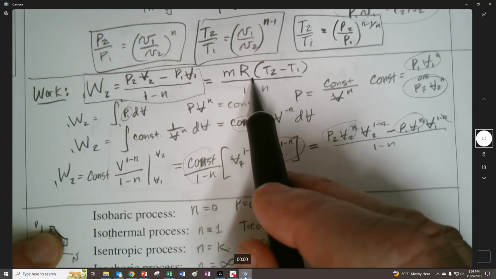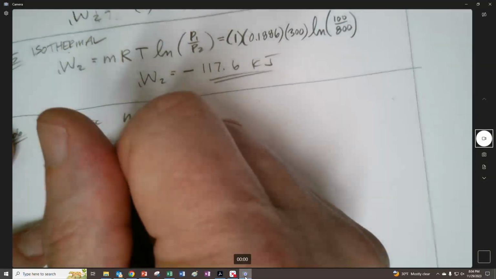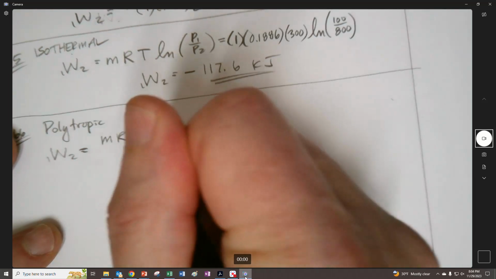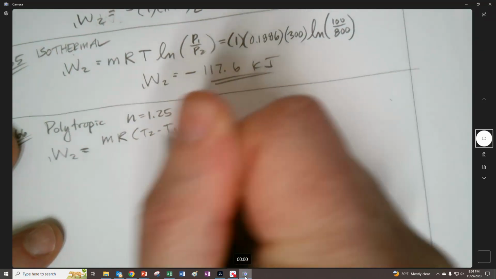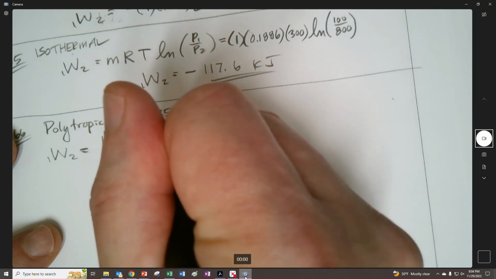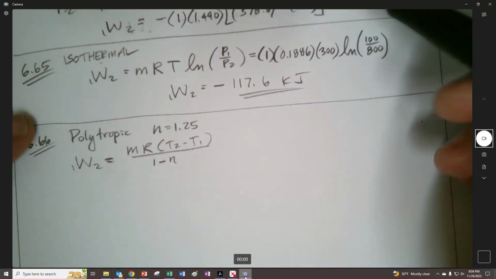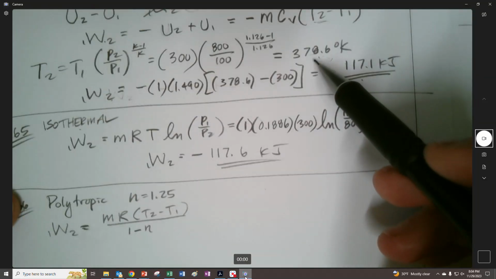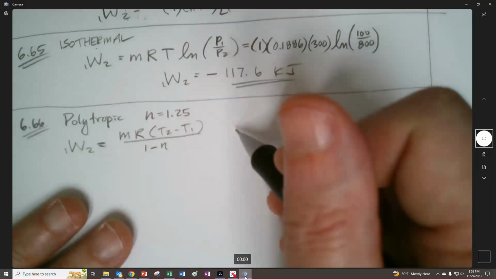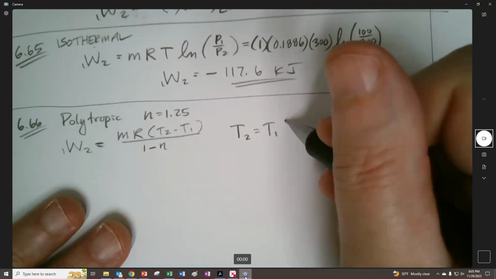m times R times the change in temperature over 1 minus the exponent. So we're going to go mR(T2 minus T1) over 1 minus n. But we need that T2 first, right? Because that's not going to be the same T2 as up here. This is a T2 that was based on isentropic.